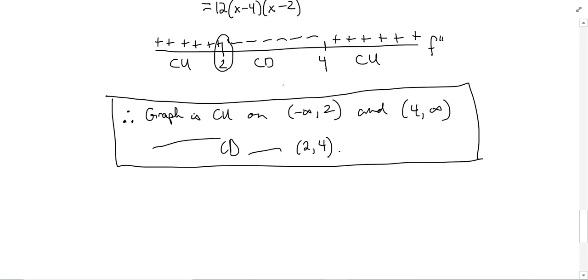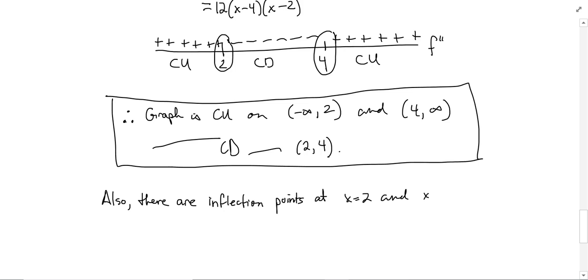Okay, so notice looking at the graph at the sign of the second derivative, there are inflection points. Remember, an inflection point is a point on the graph where the concavity changes. There are inflection points at x equals 2 and x equals 4.